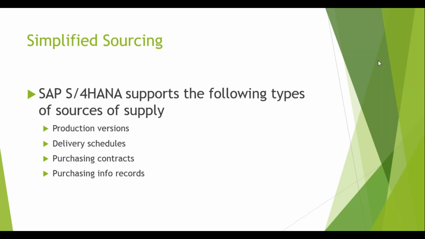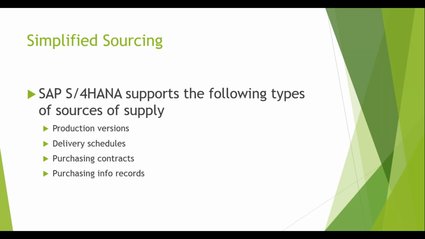For whatever in-house production you are doing, it will always be based on the production version. The system will only provide the relevant source, the relevant BOM and routing, if the production version is available, because there are no more fields in the material master where you can specify the default BOM and default routing. We'll talk more about that.